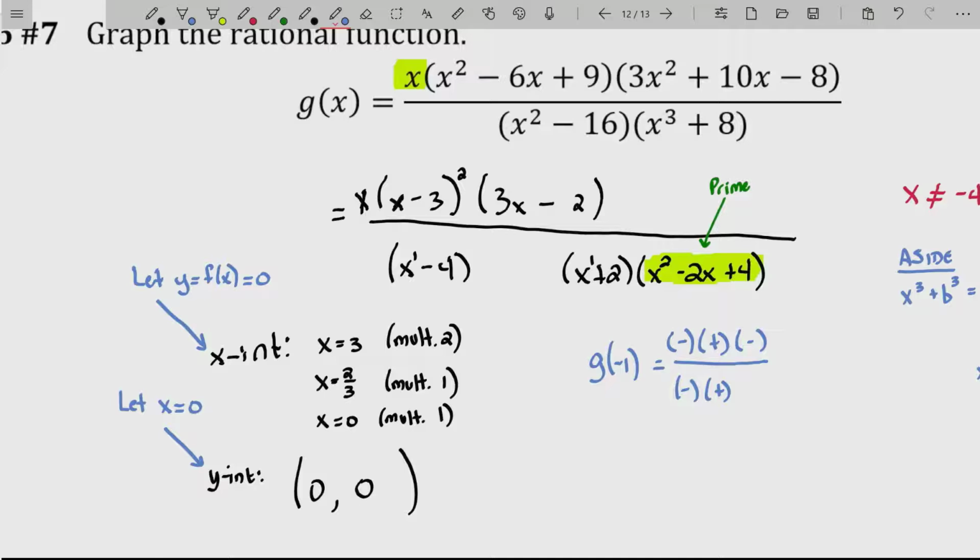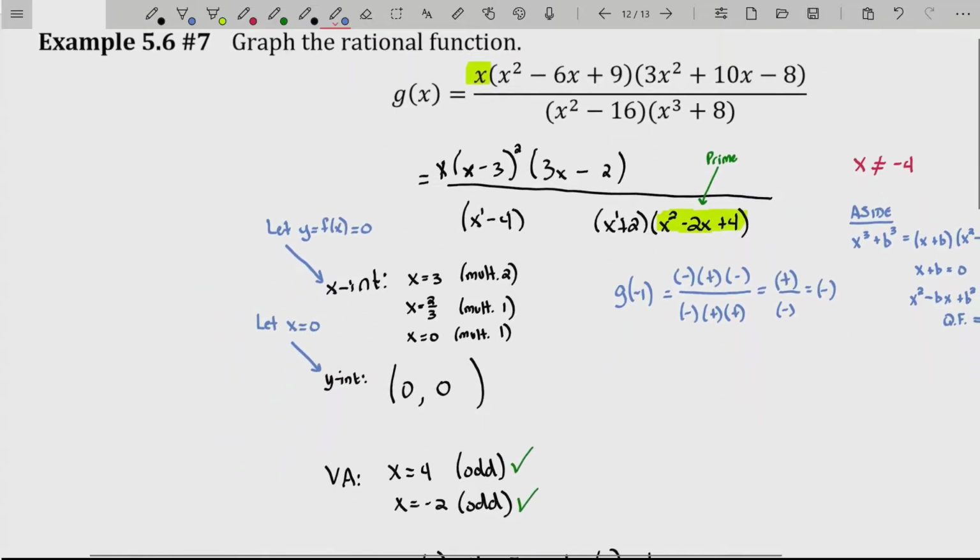And you'll have negative 1 squared, positive, minus 2 times negative 1, positive, plus 4, which is still positive. All right. So this is going to be, in the numerator, a product of a couple negatives is positive, times a positive, it's positive. In the denominator, a couple positives, well, that makes a positive, times a negative makes a negative. So you know that this is some negative number.